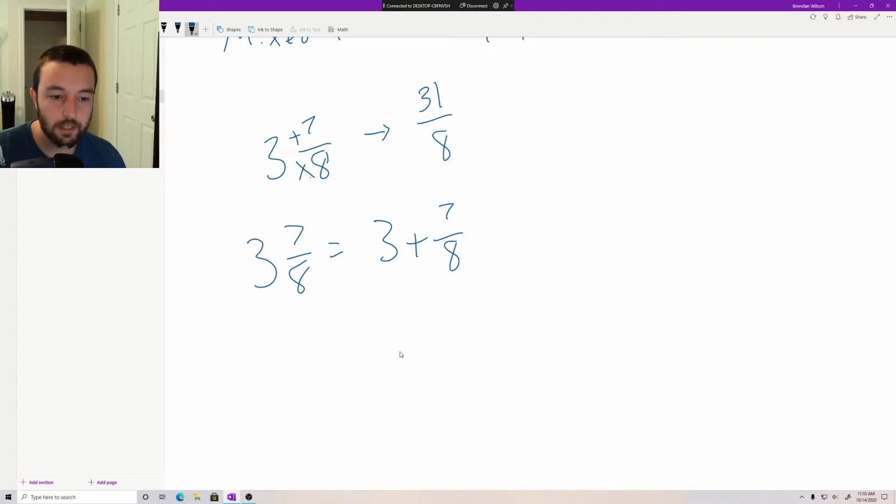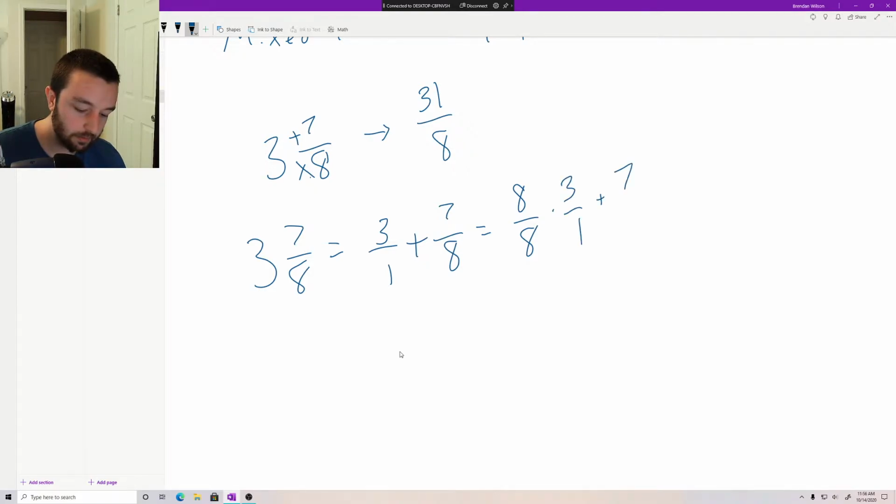If we were doing this addition problem, well, remember, we can write 3 as 3 over 1. We can put any whole number over 1. So when we find the least common denominator here between 8 and 1, it's going to be 8. So we need to multiply the 3 by 8 over 8 so that it has a denominator of 8.